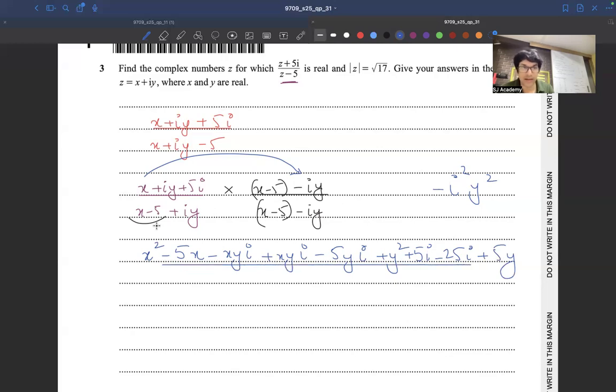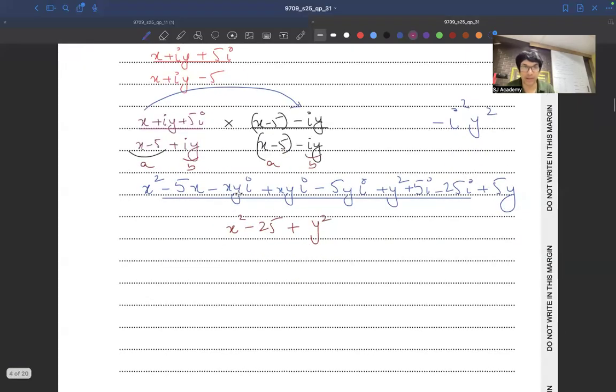Divided by, so we'll apply the identity. Let's say this is a and this is b, so this will be (a + b)(a − b). So we'll have a² − b², which will become x² − 25, and then plus y², since −i²y² becomes plus y squared. Now, as we already know that the imaginary term is 0, let's take the imaginary terms separately.